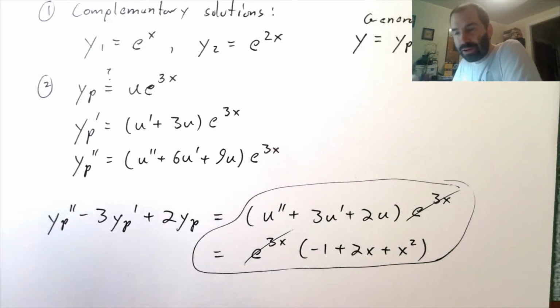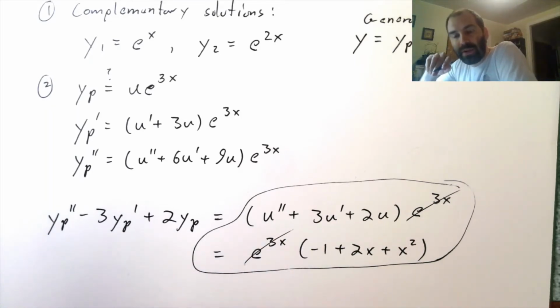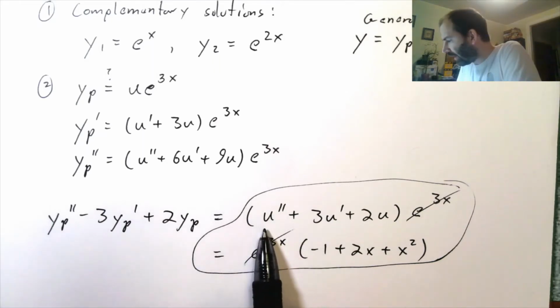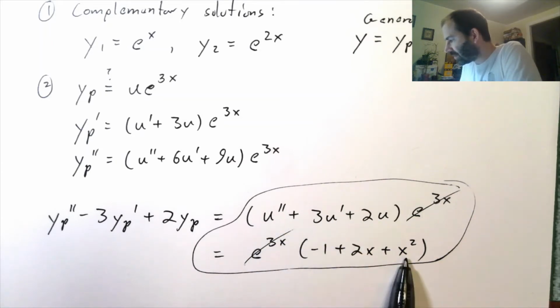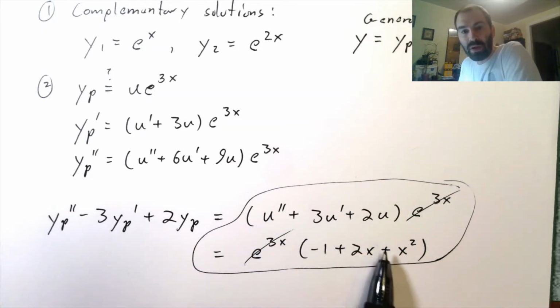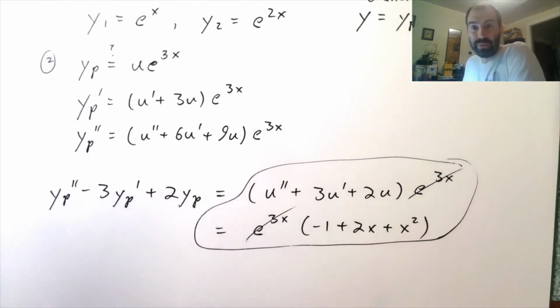Now I need to find a u that makes this work out. Well, you might take a clue from the last video. We did something very similar. And we noted that if we ever want a second order differential equation to give us a second degree polynomial, why don't we just try letting u be a second degree polynomial?